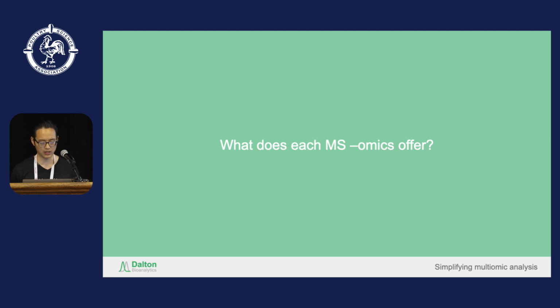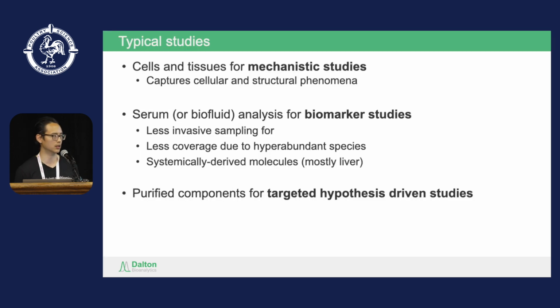So what do each of these omics actually offer? So I'll first break down, as a CRO MS analysis service, we basically see a ton of studies. These are the main breakdowns. So typically people are looking at mechanistic studies where they're looking at the biology. They'll sample cells, tissues. There's also biomarker studies, typically serum or some other readily accessible sample.